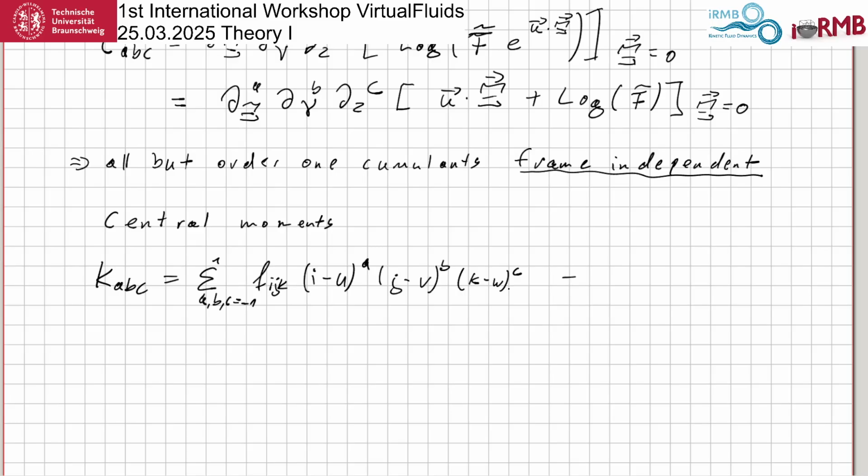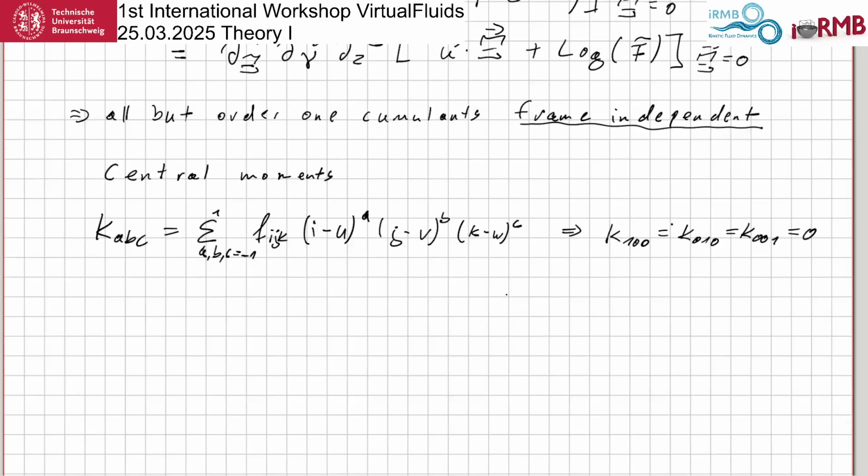The implication is that we choose K110 and K010 and K001, all of them to be 0. This is how we choose the velocity.